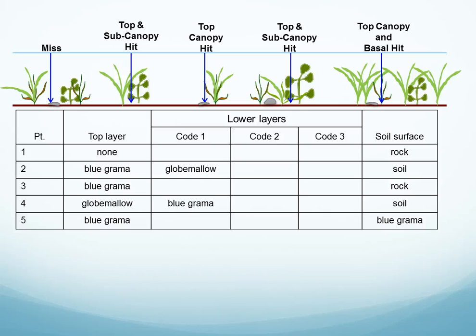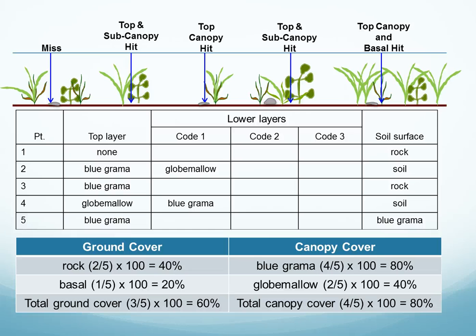Let's take a look at how we would then analyze this for ground cover and for canopy cover. For ground cover, there were 2 hits out of 5 on rock for 40% cover of rock. There was 1 hit on a basal vegetation out of 5 for 20%.